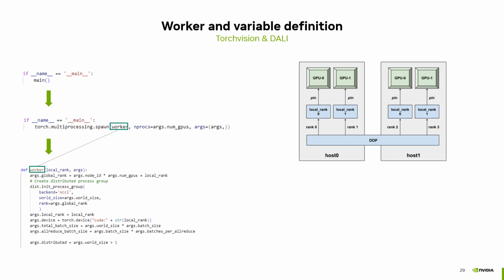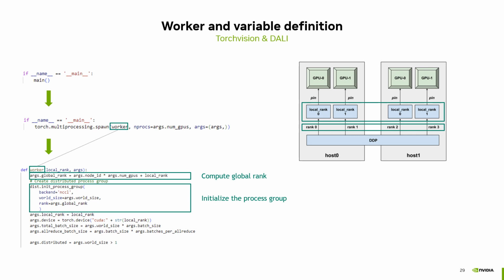Then we initialize the process. In this case, for each process you call this function, then you tell which backend you're going to use for the processes to communicate with the other processes. In this case, we choose NCCL, which is an NVIDIA library. There are other options available also. Then, how many processes are in total in this training, and then what's your unique identifier or global rank?